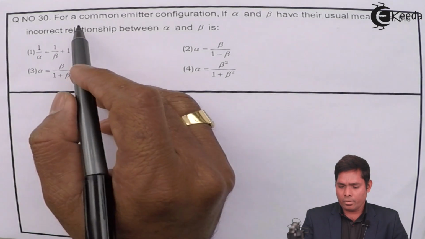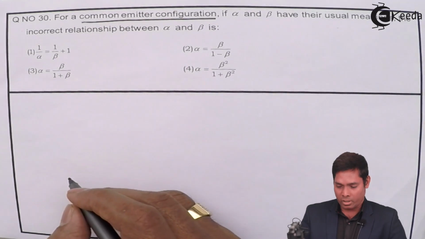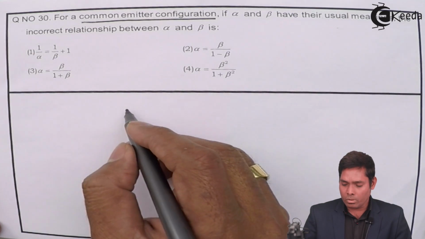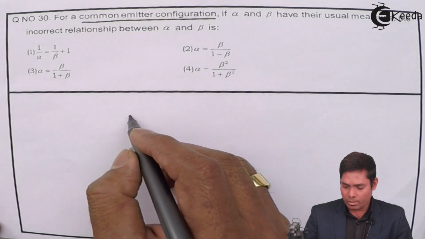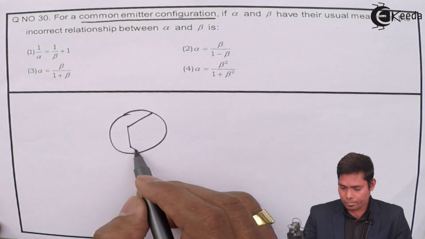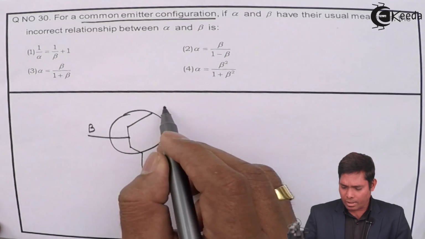It says a common emitter configuration. There is a common emitter configuration where this is a case of a transistor. We know that in a transistor, this is emitter, this is base, this is collector.